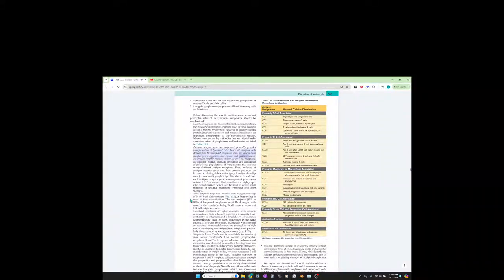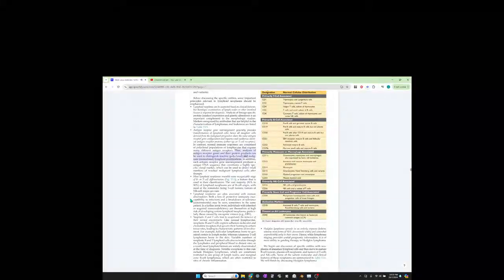Antigen receptor gene rearrangement generally precedes transformation of lymphoid cells, hence all daughter cells derived from the malignant progenitor share the same antigen receptor gene configuration and sequence and synthesize identical antigen receptor proteins. In contrast, normal immune responses are comprised of polyclonal populations of lymphocytes that express many different antigen receptors.